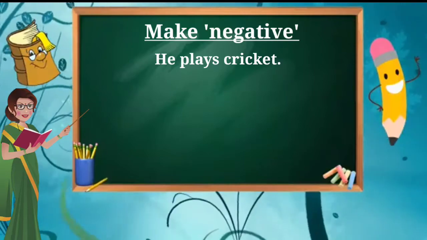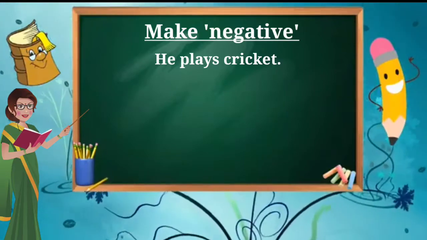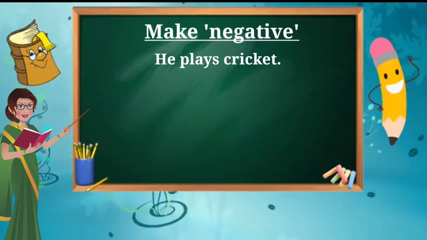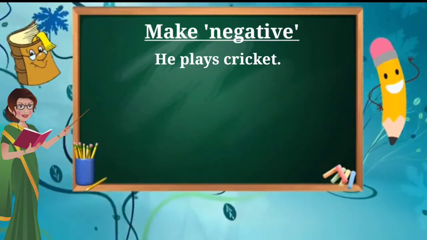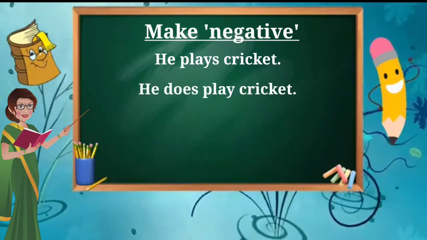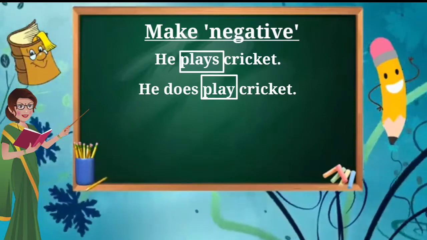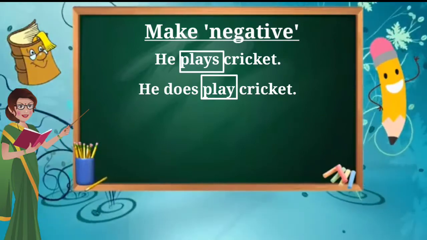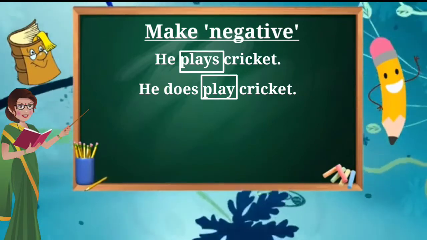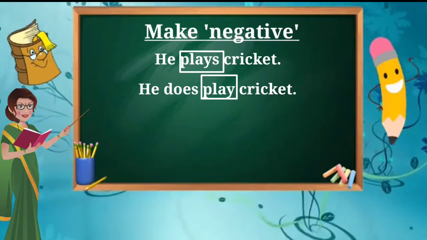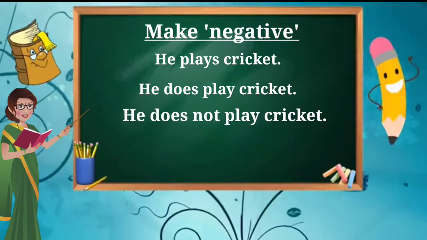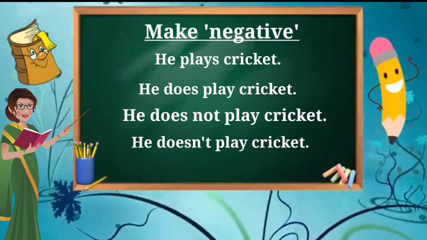Another important thing is that whenever we are going to use word does as its helping verb, we can take out S, ES or IES from the verb, like he does plays become play. Okay, so here we take out S from the word play. He does play cricket. He does not play cricket. In short, he doesn't play cricket.